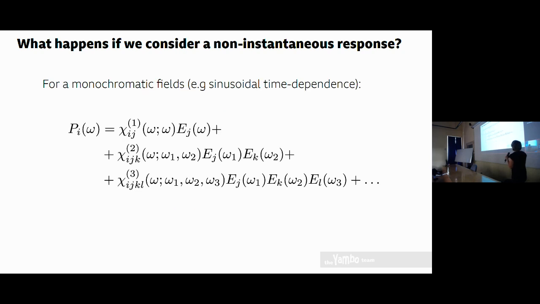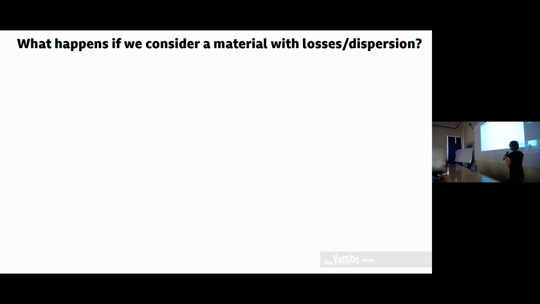To simplify, I can look at monochromatic fields, so that I have the fields depending on just a single frequency, and I don't need to sum over all possible frequencies of the field. Okay, so this is just another expression we need.